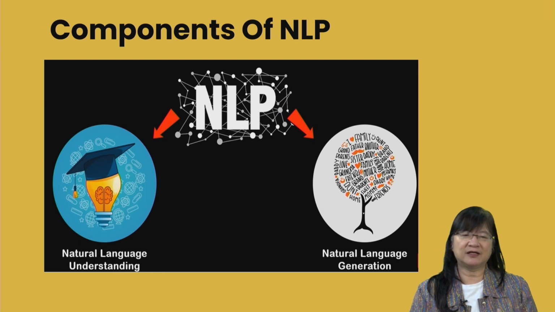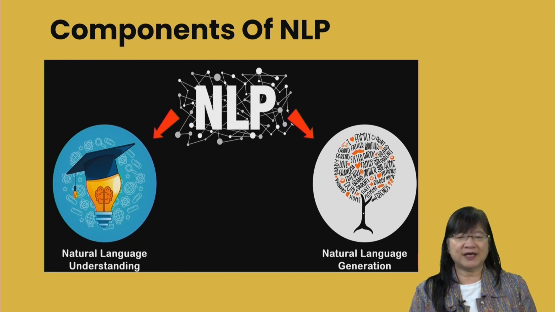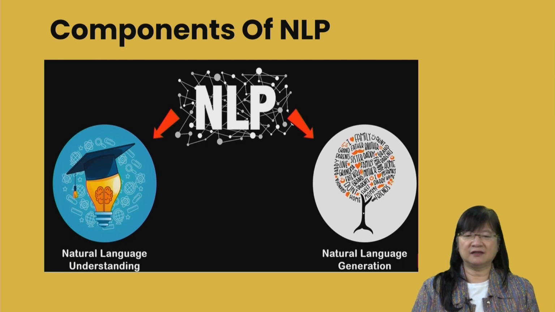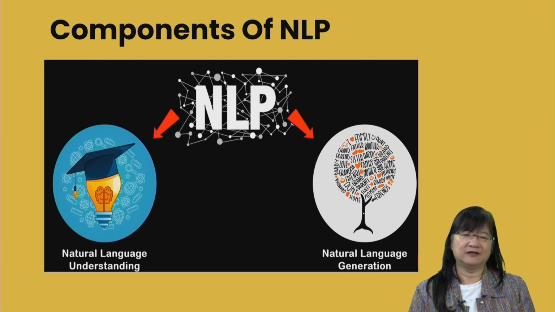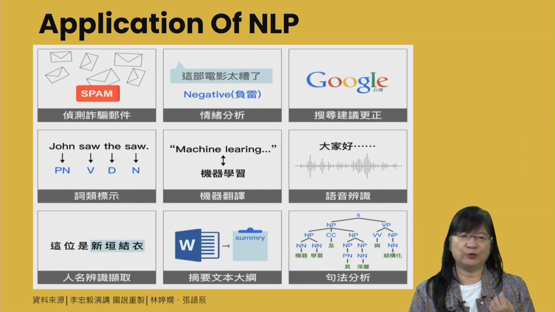So this is about NLP, natural language processing. From natural language processing, you get two ideas. One is for human nature, natural language understanding. Then for computer science, they have natural language generation. All right, so in this program, there will be one topic about NLP.